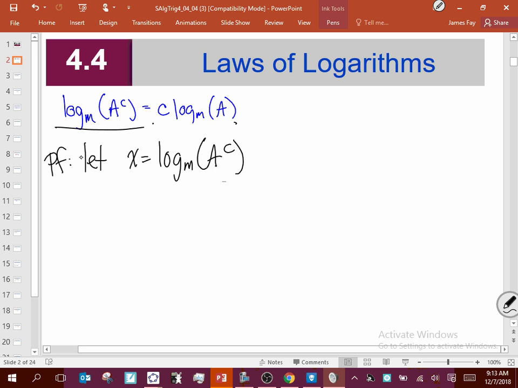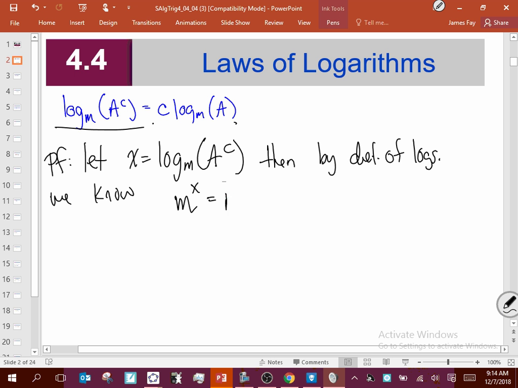Okay, so let x equal log base m of a to the c. Then by definition of logarithms, we know that m to the x, that base raised to that x, equals a to the c.